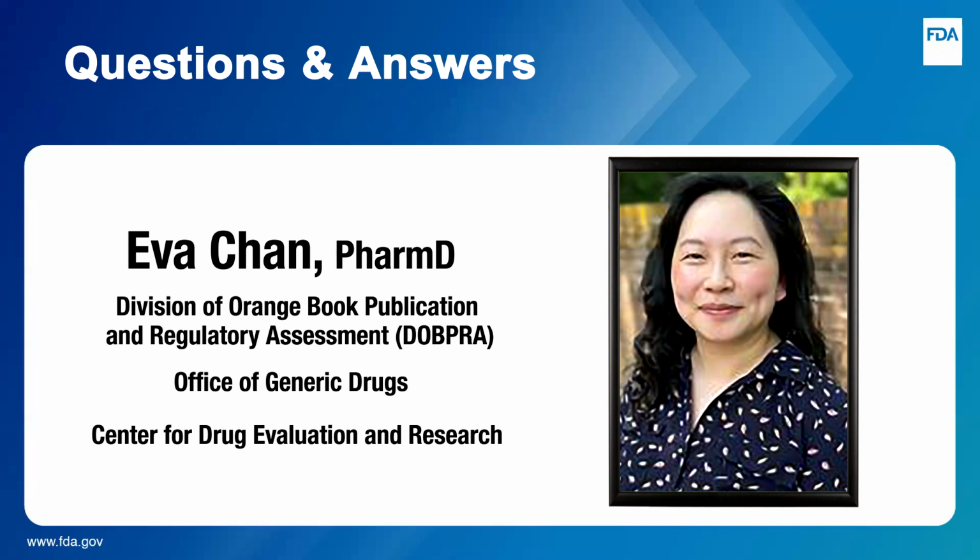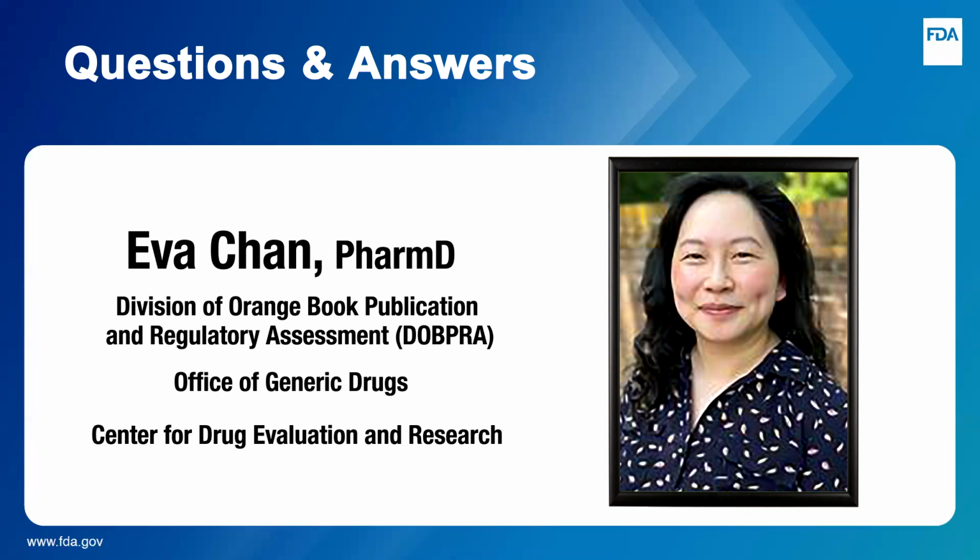Thank you for that. The next question we have is, do EAU approved drugs with licensing agreements have TE codes? So the Orange Book is only going to contain products that have an NDA or an ANDA that is approved in the US.